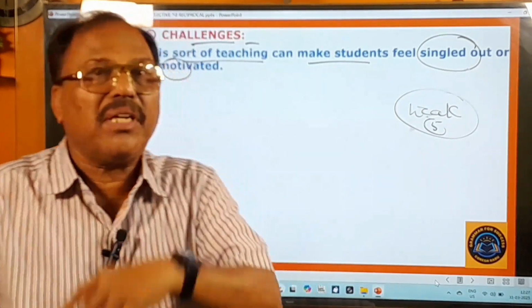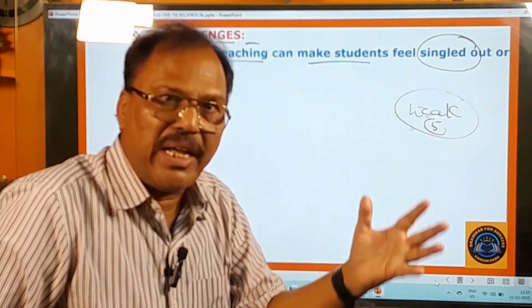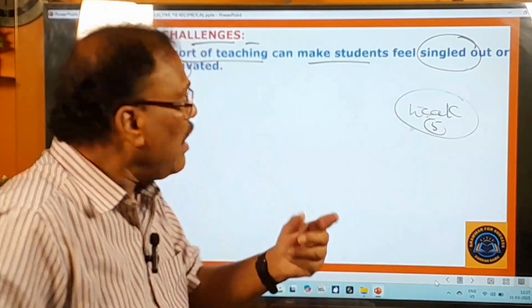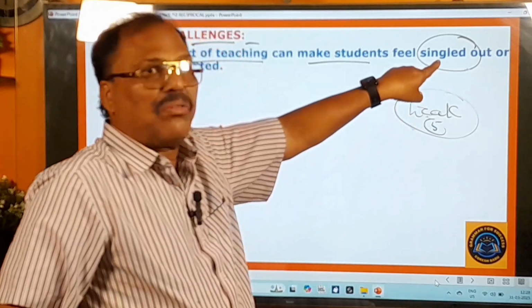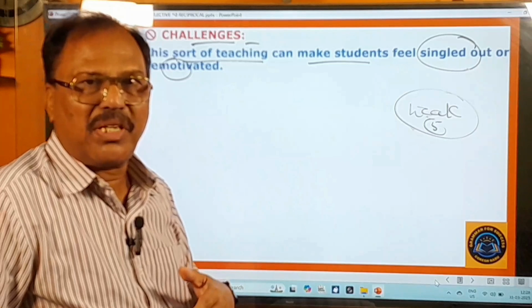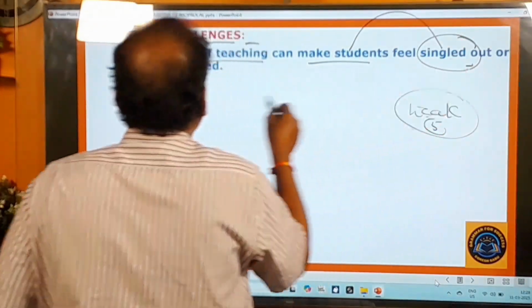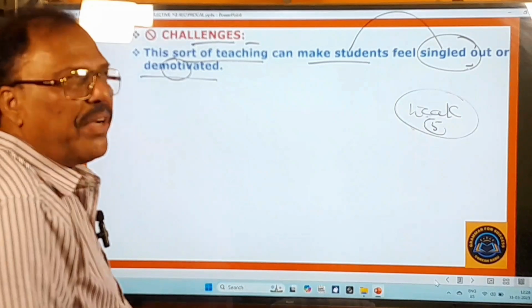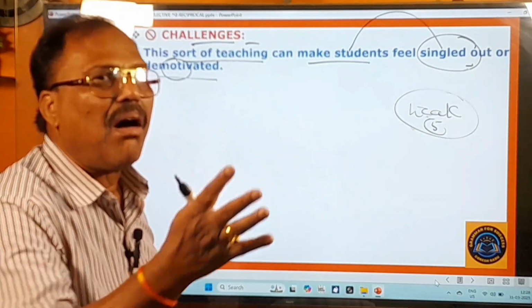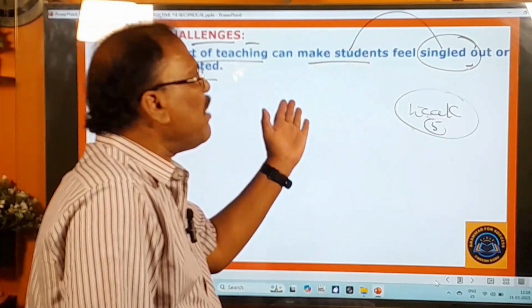That's okay. But when they are separated to teach them the deficient areas of knowledge, then they might feel they are singled out, excluded from the other students. So the students might feel singled out or demotivated. Demotivated means discouraged or dispirited. So these two things might take place.